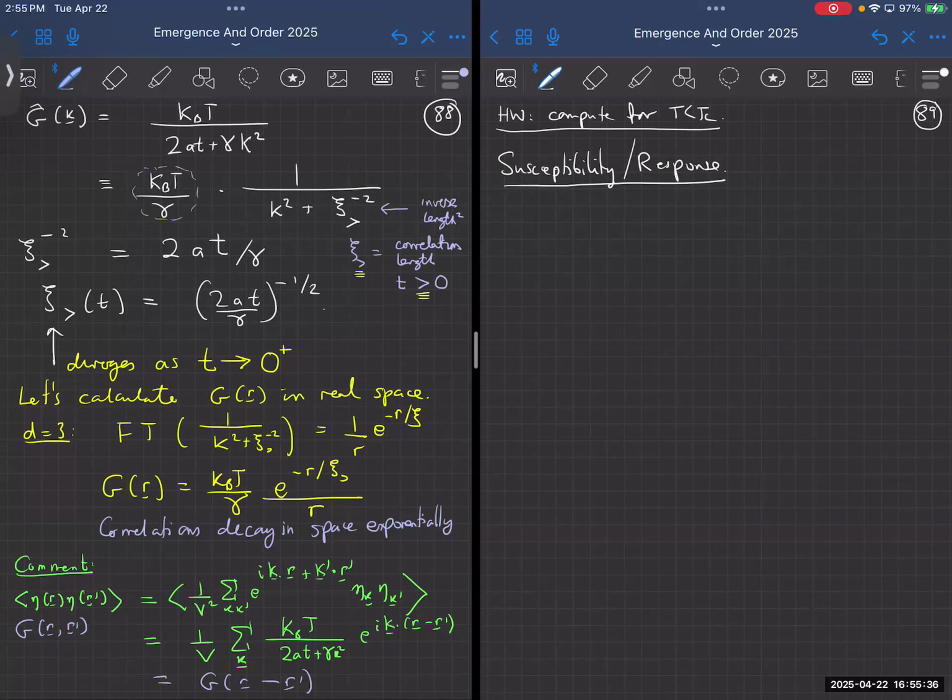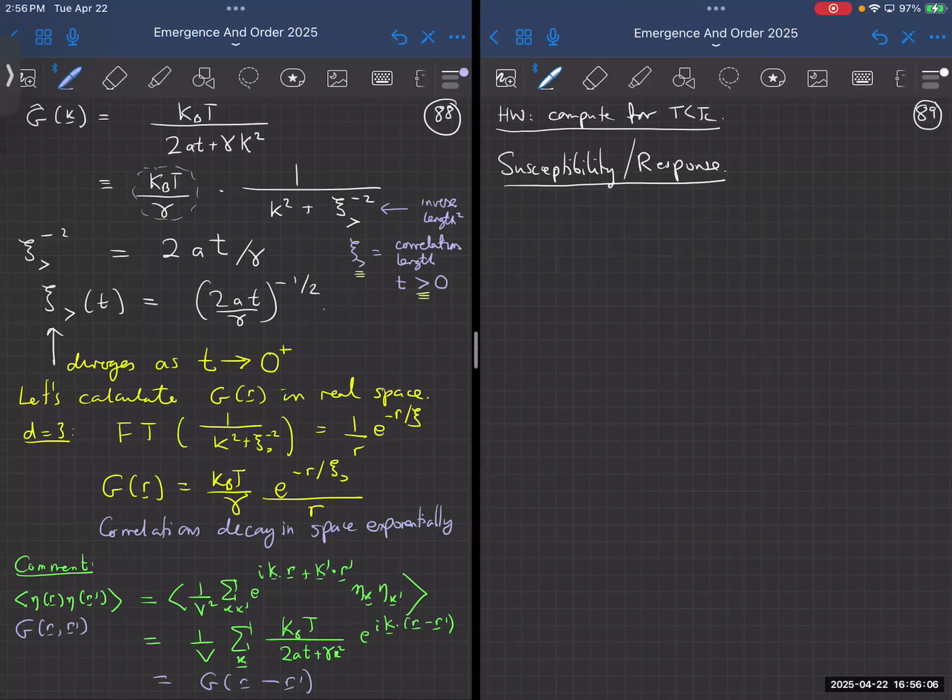Oh, is it because we integrated over all k, but the ones with extremely short wavelength should have been excluded, so like a regime? Right.